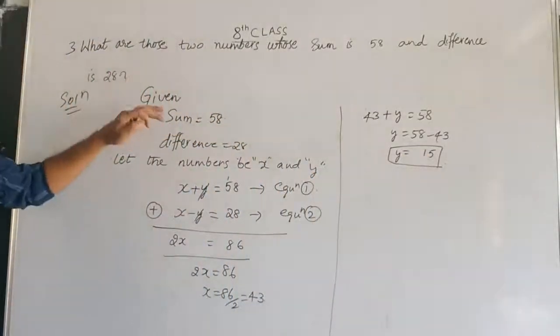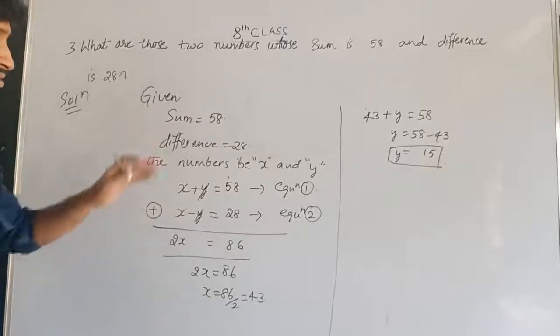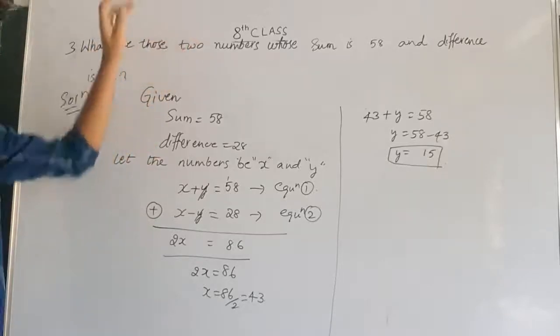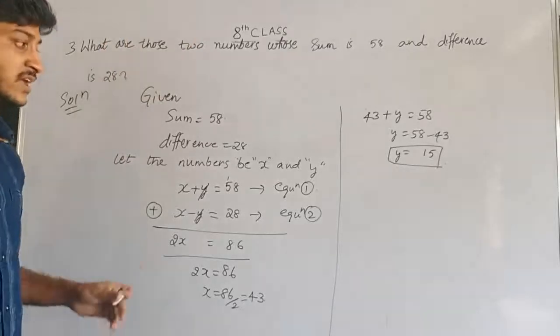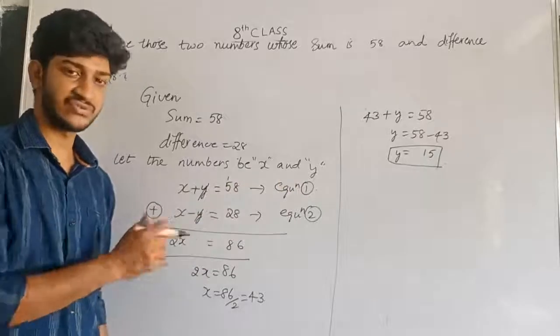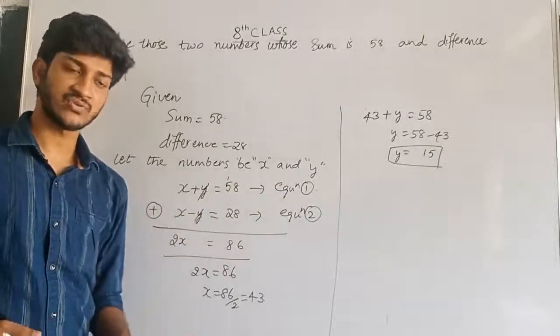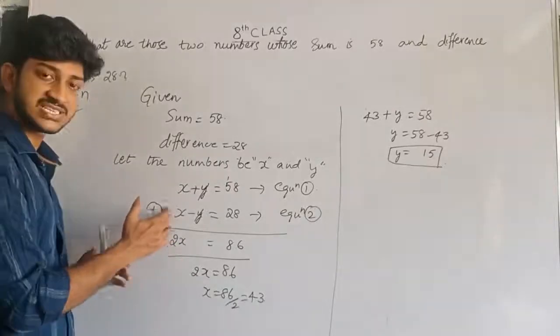Okay, see here children. In this question sum and difference are given. The sum is 58 and the difference is 28. We have to find the two numbers. We don't know the two numbers, that's why I am taking these two numbers as x and y. So x plus y equal to 58 and x minus y equal to 28. Then I am adding these two equations.